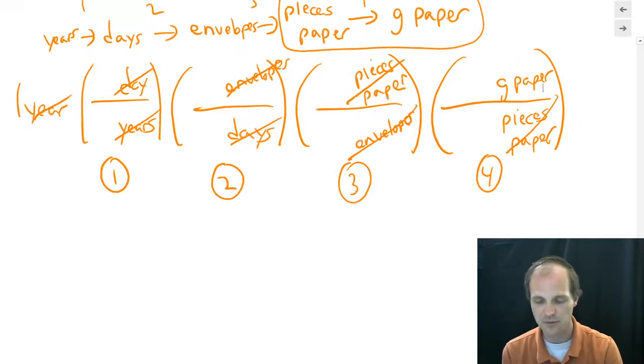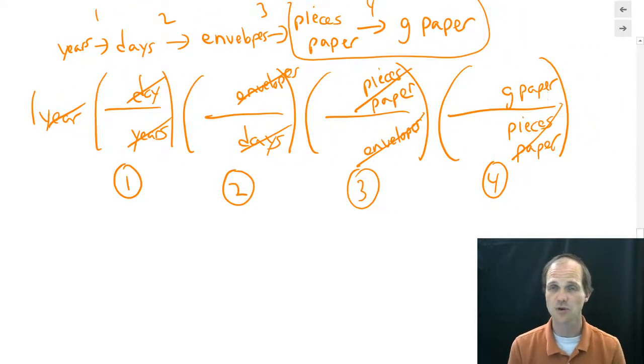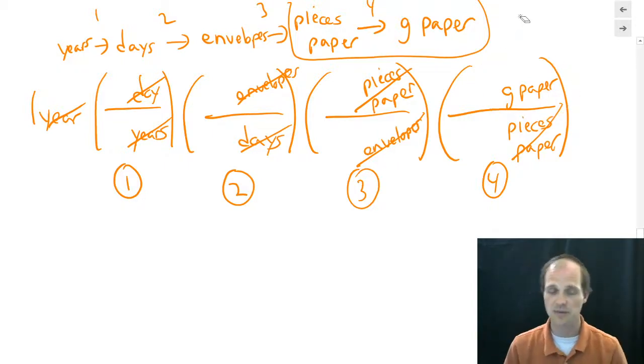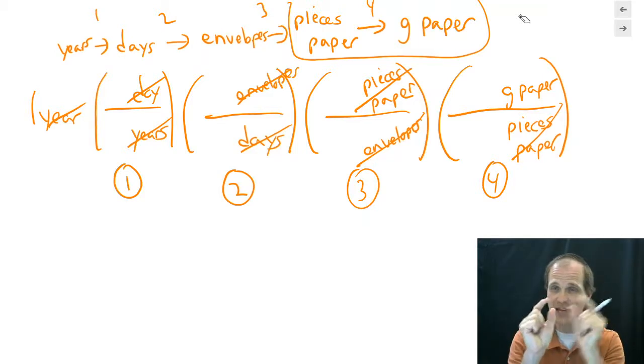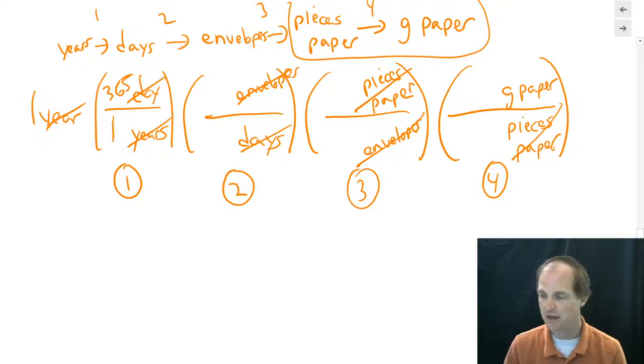So now we have, woohoo, a bunch of conversions. Still no numbers yet. We worked on the units first. Everything canceled the way we thought it would. The only unit left here is grams of paper, which is what the problem's looking for. Now we put in numbers. Days and years. We know there's 365 days in a year. That 365 is attached to days, so no matter where days was, I would keep them attached to each other. 365 days in 1 year.